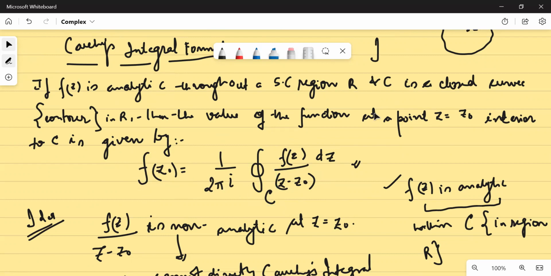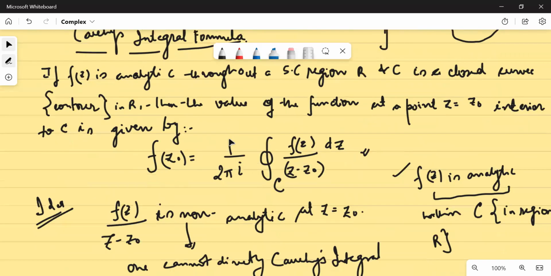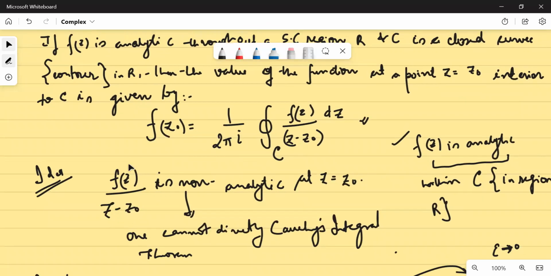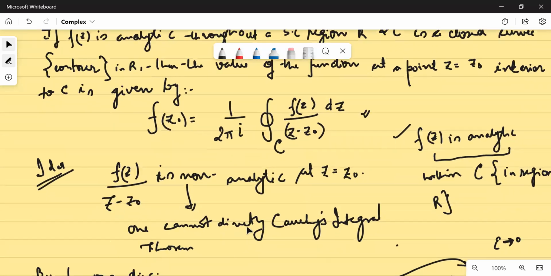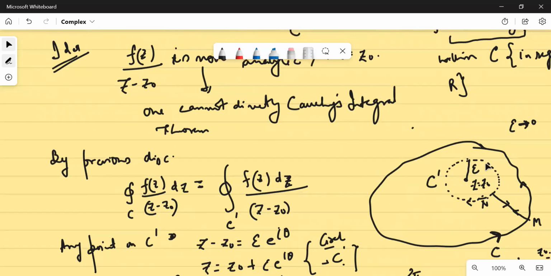Understand that f is analytic everywhere inside. And if it is analytic everywhere inside, at any point I can find the value. So the question is, what is the value of the function at a point z naught? That value comes out to be equal to 1 upon 2 pi iota times the integral of f(z) upon z minus z naught dz. Now what I have used is that f(z) is analytic, but f(z) upon z minus z naught cannot be analytic. So from the previous discussion, z naught has to be evacuated.